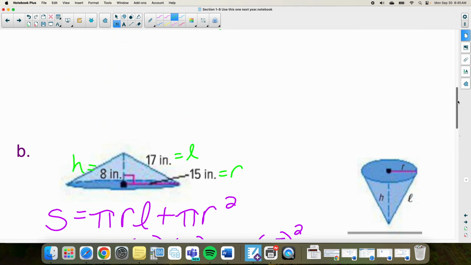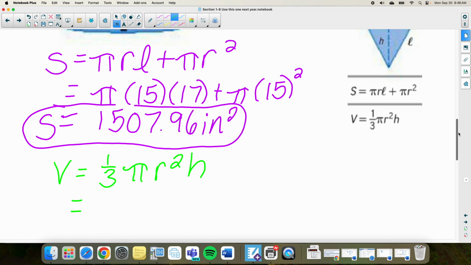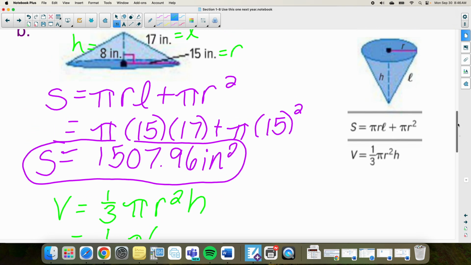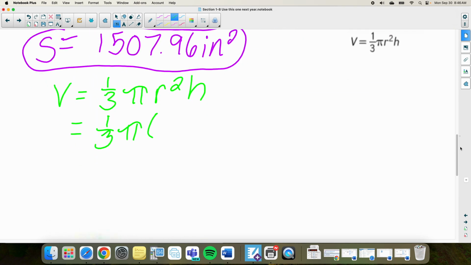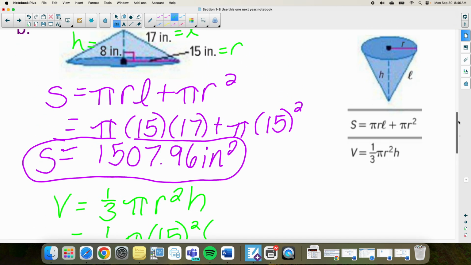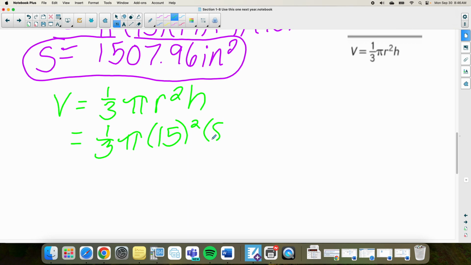Now, the 1/3 we're just going to keep there. The pi, our radius is the 15, and I'm going to square that. And my height is my straight up and down height, which is my 8.